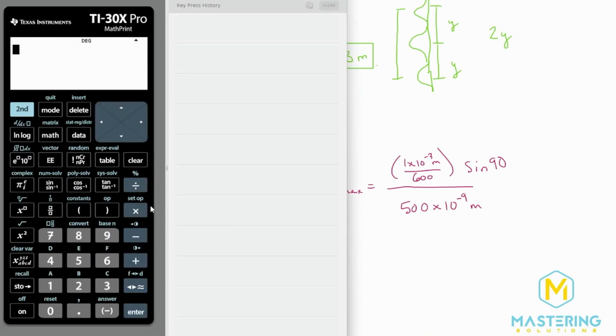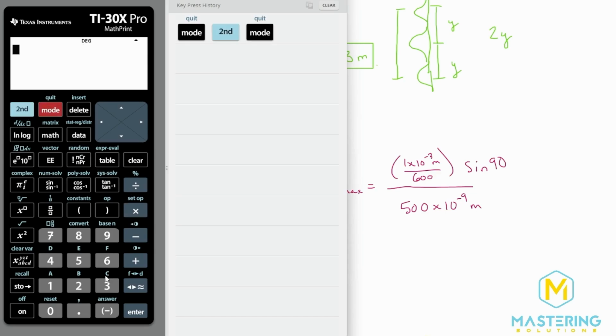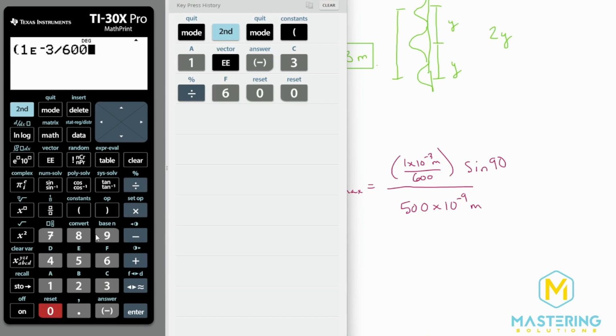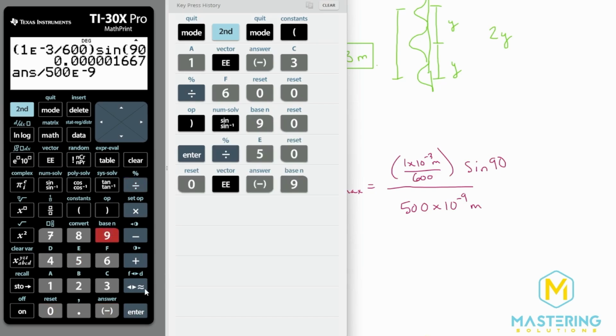We have to make sure our calculator is in degree mode since we're using sine of 90. If it's in radian mode, sine of 90 won't come out to 1. Dividing by 500 times 10 to the negative 9 gives us 3.33.